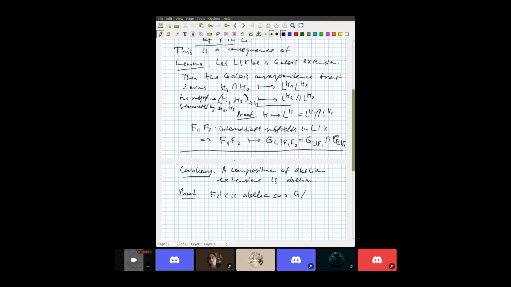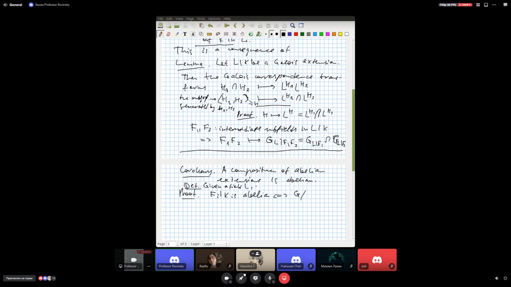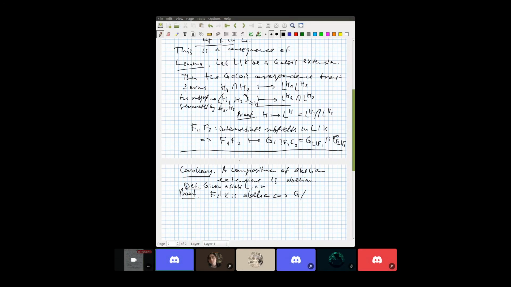So the compositum, so definition, so given a field L, and a collection of certain subfields K1, K2, and so on.